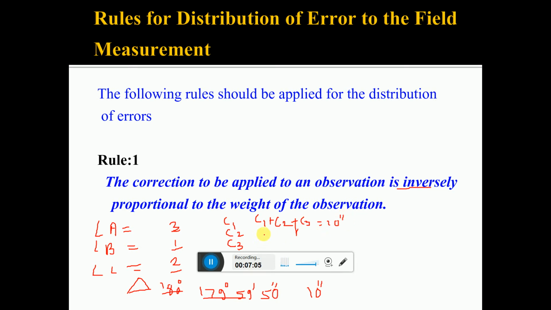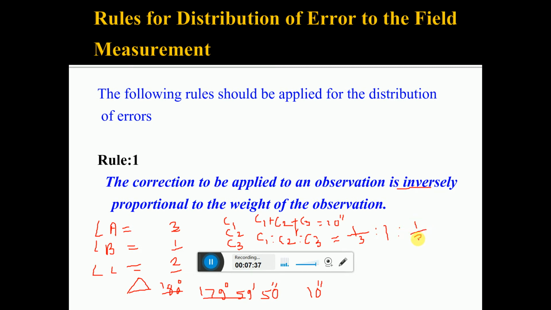And according to this law, I can write C1 : C2 : C3 is inversely proportional to weight, so 1/3 : 1 : 1/2.